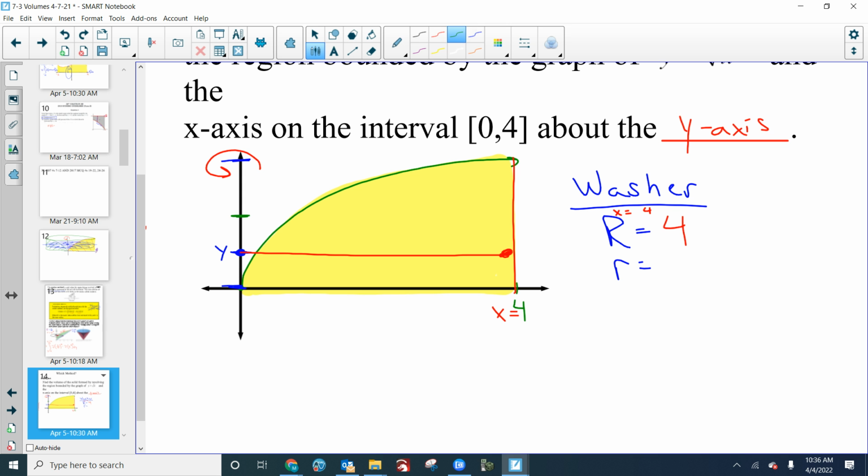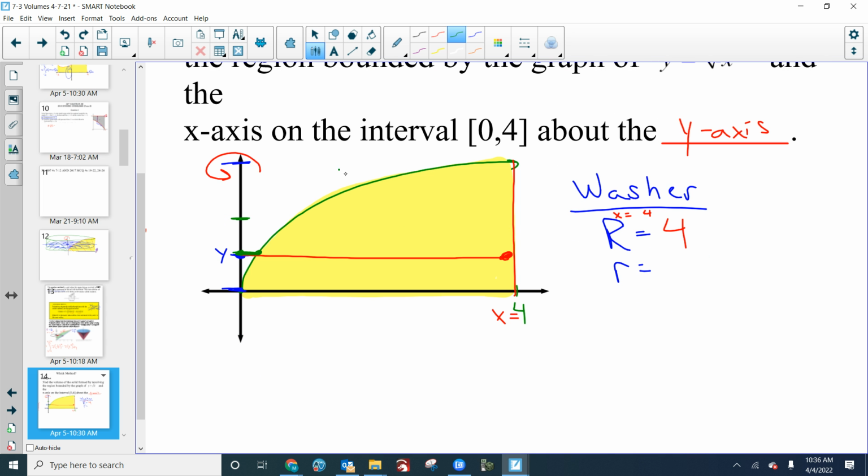What is my inner radius at that same y value? Well, it's this function. That function was y equals radical x. But I'm not putting radical x there. It's an x value. X equals y squared. Now, just as an example, here's what you should do.